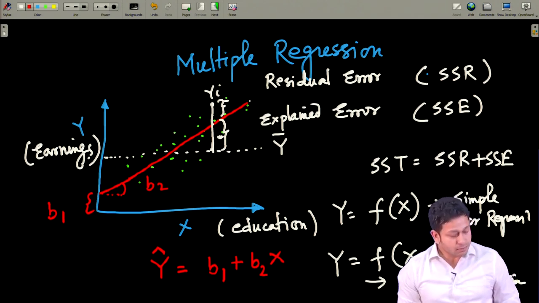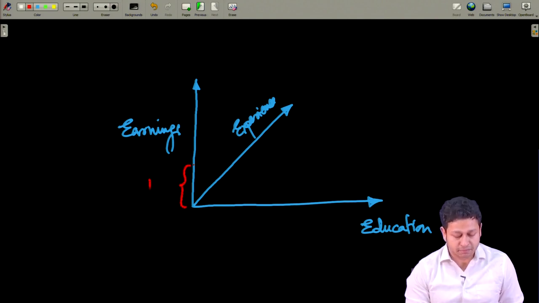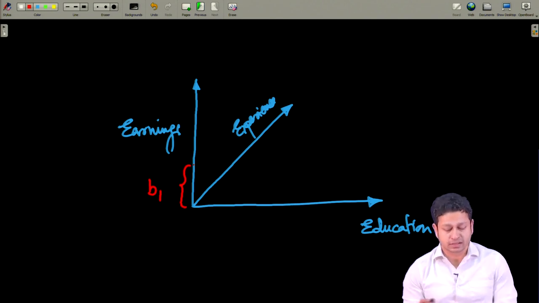Now here also we want to understand the impact of education. So let's say there is an intercept term here, some b1. It is not necessary that the two b1s are the same. We are just maintaining the same notation so that we don't have any confusion later on.